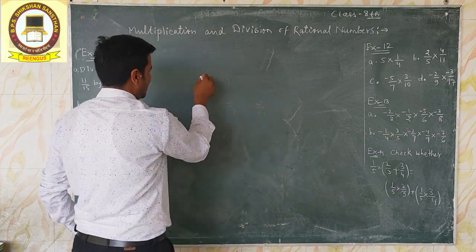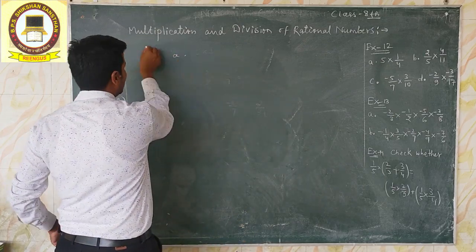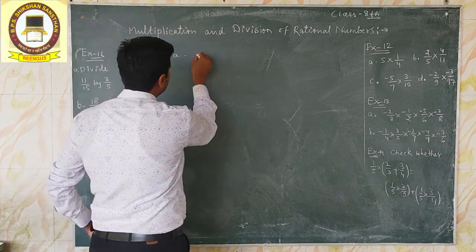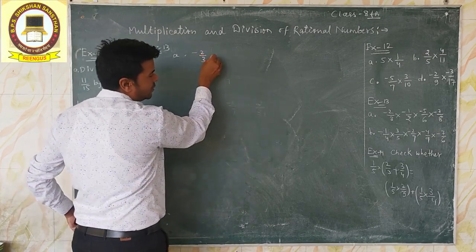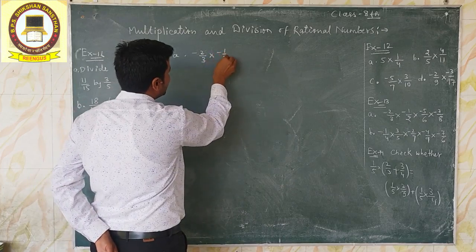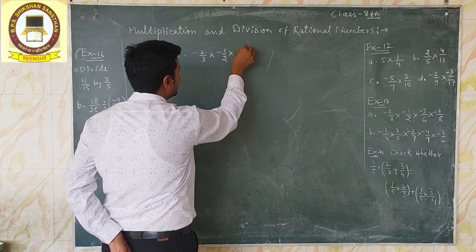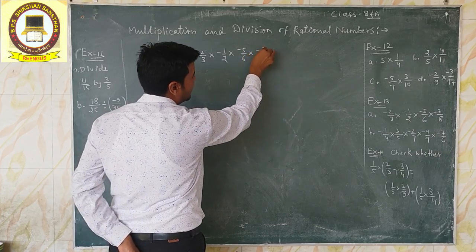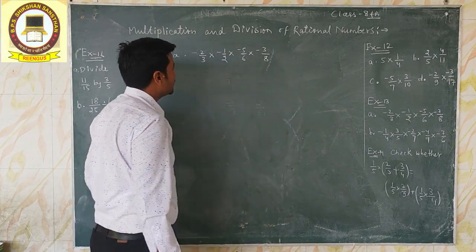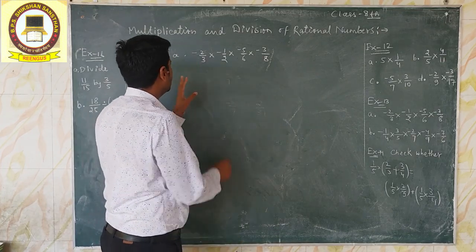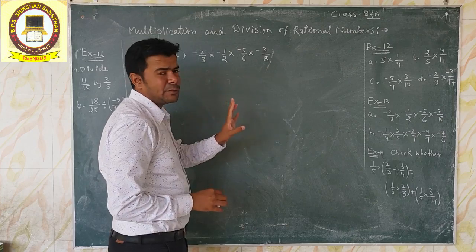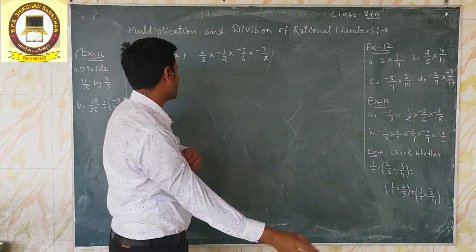So question A: minus 2 by 3 into minus 1 by 2 into minus 5 by 6 into minus 3 by 8. Now what we have to do first is be sure about the sign, whether it will be positive or negative.